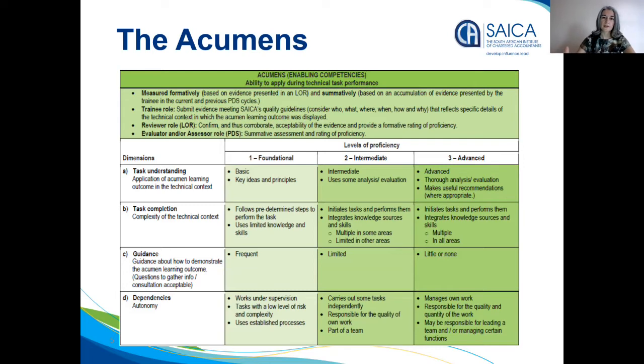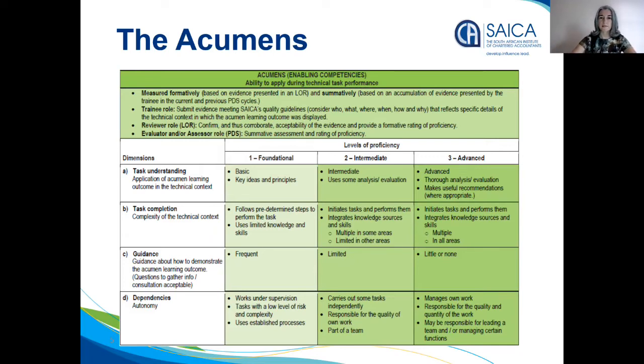That's very different from asking advice or consulting with a knowledge of what actually needs to be done. It's a very different process. I'm hoping you're starting to see the nuance in terms of what guidance means for a trainee when looking at the Acumens. And then task understanding, task completion, and dependencies talks about the context within which the Acumen is displayed.